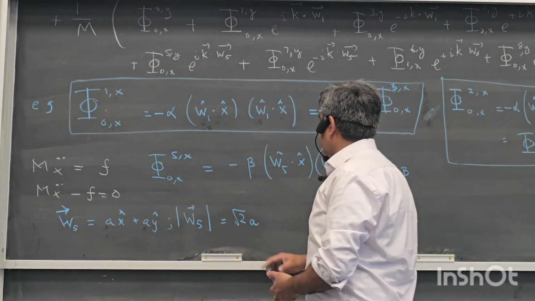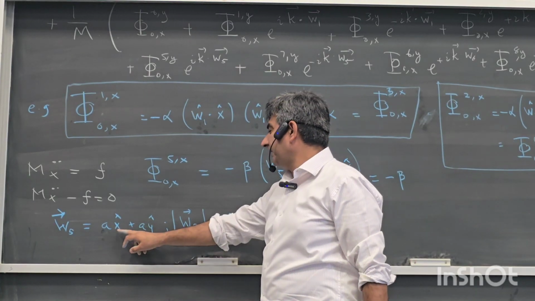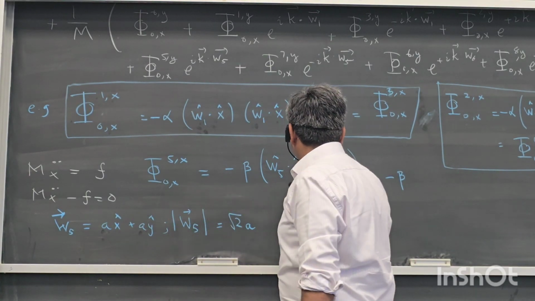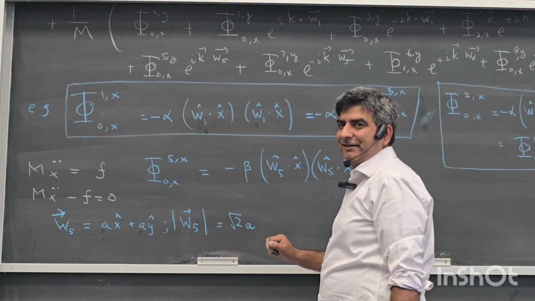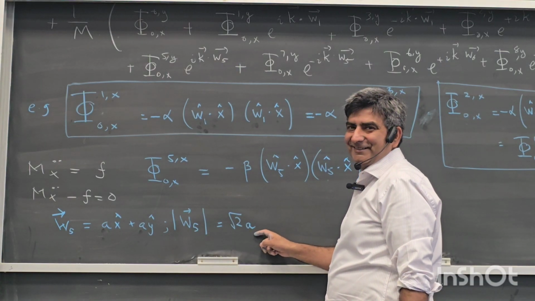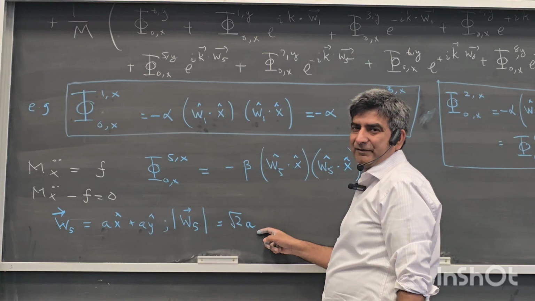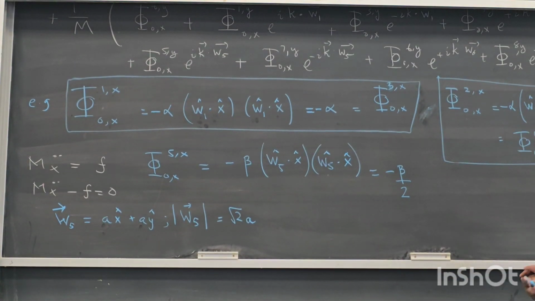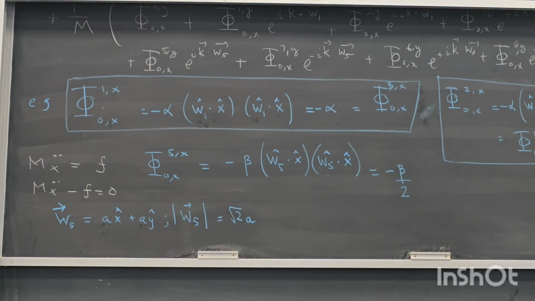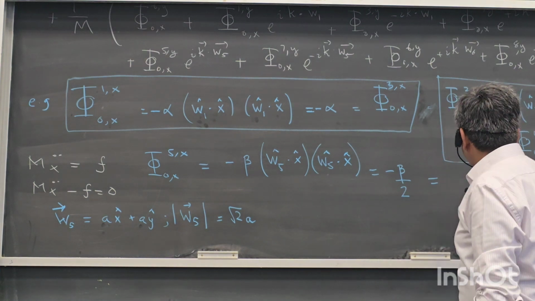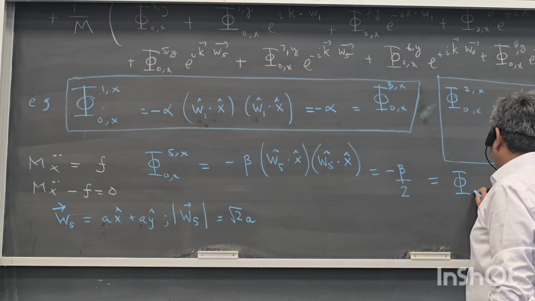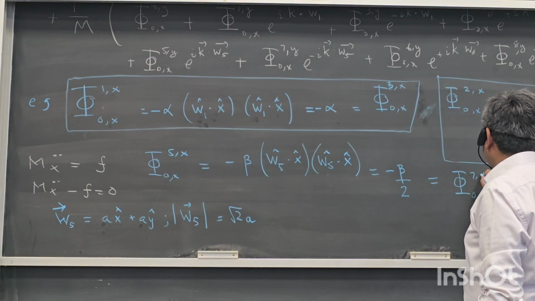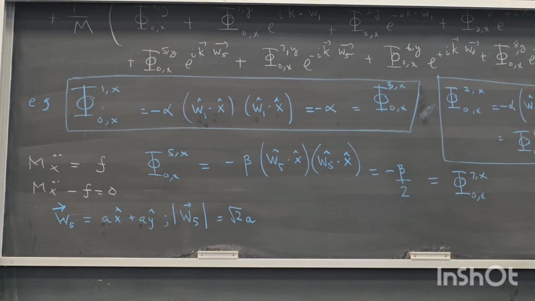Okay. So this term here becomes minus beta. The dot product of W5 with X is A. This is A as well, so A square divided by 2A square, which is the square of this. This becomes 2, minus beta over 2. Likewise, if I calculate phi 0x and 7x, this will also yield minus beta over 2.